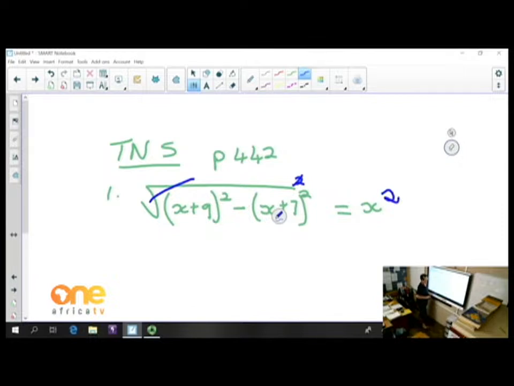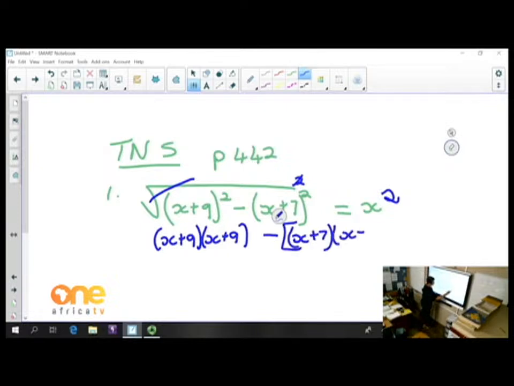Now it's just a little bit of algebra that I'm going to use here. We did the algebra last year. Just remember that this is x plus 9 times x plus 9 minus, and I will put it in separate brackets here, so it's x plus 7 times x plus 7 is equal to x squared. Sometimes they will ask you to show it by using Pythagoras.